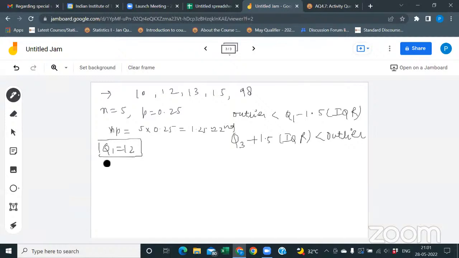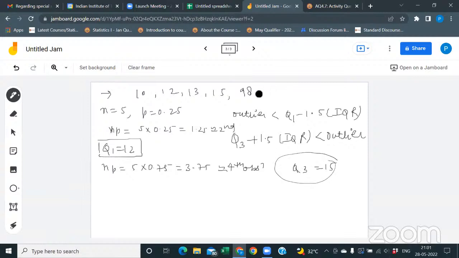Similarly, for Q3, your np will be 5 into 0.75, which is 3.75. That means the fourth observation, so your Q3 is 15.